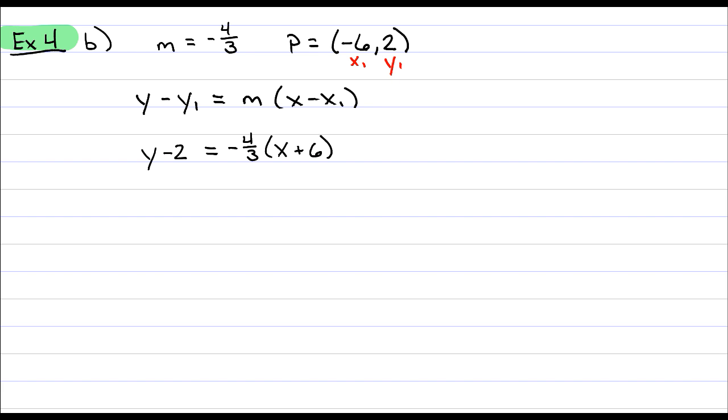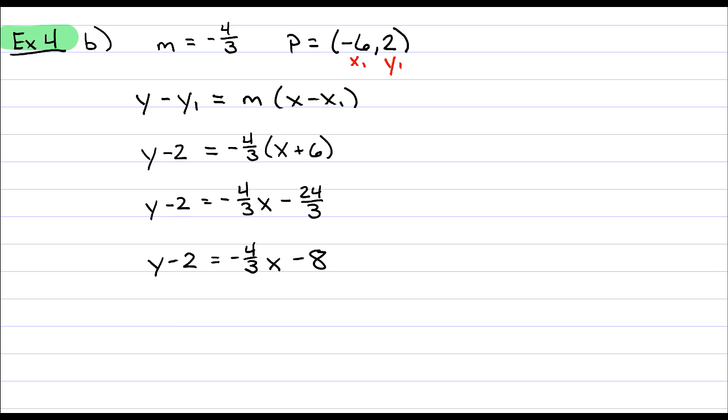Okay, so I distribute through on the right-hand side, and that gives me minus 4/3 x minus 4 times 6 is 24 divided by 3. It turns out, though, that 24 is divisible by 3. It's actually just 8. So I have y minus 2 equals minus 4/3 x minus 8.